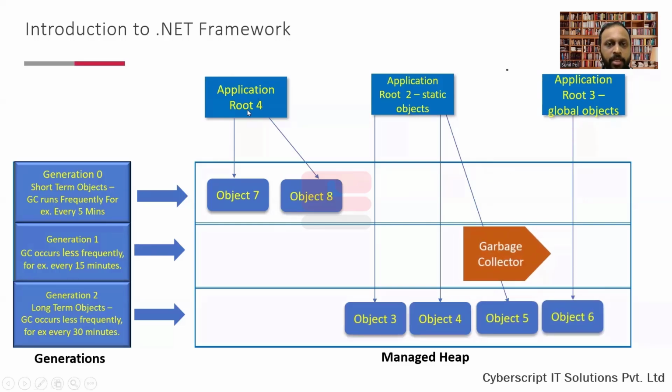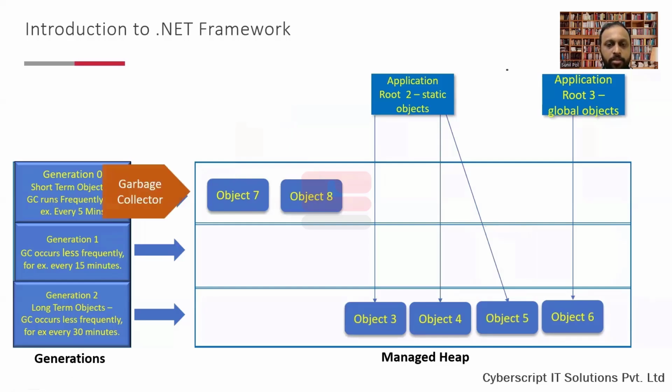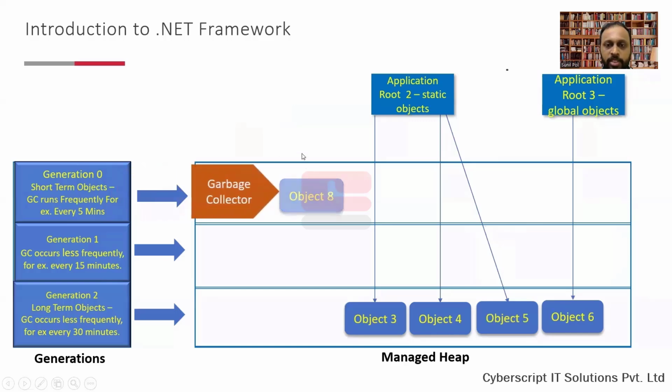Meanwhile, application root 4 has completed its task and object 7 and object 8 should be deleted from the managed heap. As we are aware, the garbage collector frequently visits generation 0. So it will check whether objects 7 and 8 are used by any application root or not, and it will delete those objects from the memory.